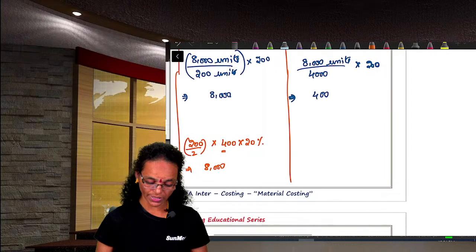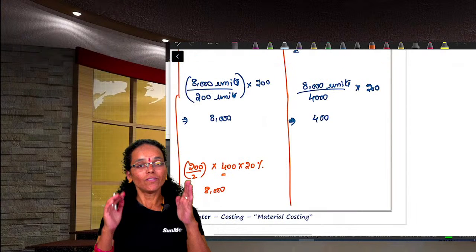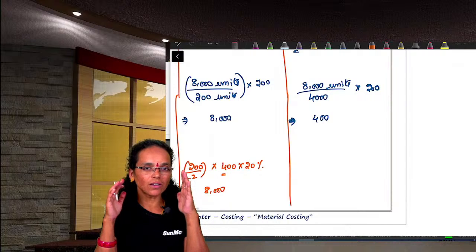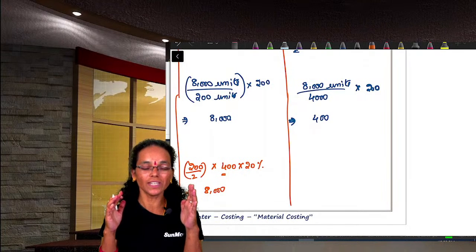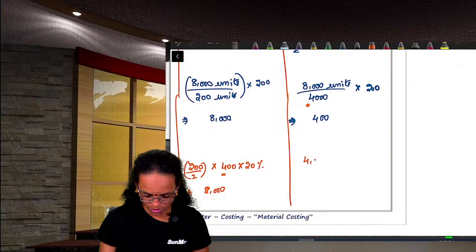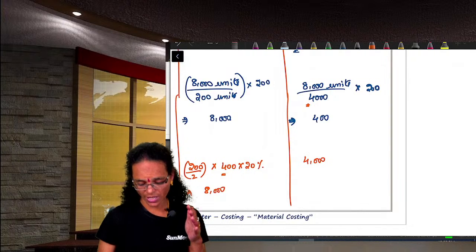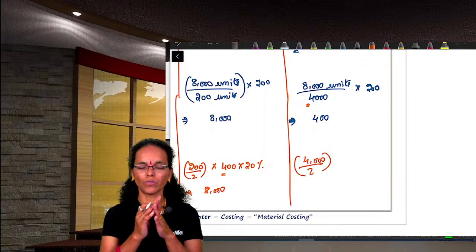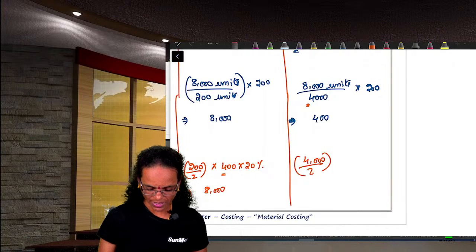Coming to the discount factor, we need to purchase the goods or components in a single go, 4,000 units. So 4,000 units we are carrying on average.